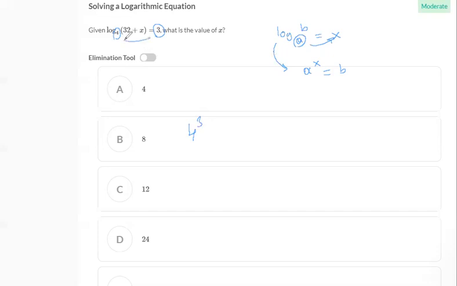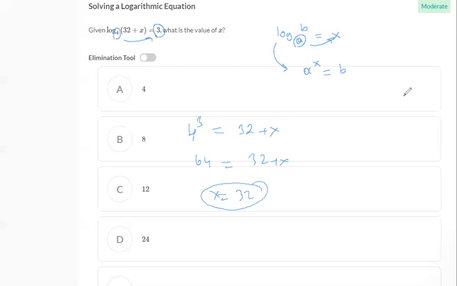I take this base, and to the power of that number is equal to whatever I have right here, which is 32 plus x. So now this is going to be 64, which is equal to 32 plus x. If you subtract 32 from both sides, you will get x equals 32. And that was our last choice.